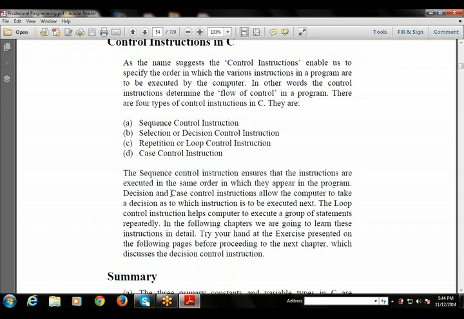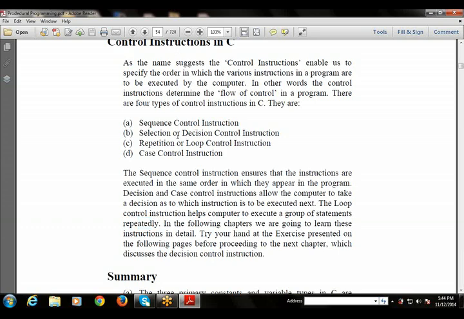In the same way, decision and case control instructions allow the computer to take a decision as to which instruction is to be executed next. That decision is taken by the decision and the case control instructions. The loop control instruction helps the computer to execute a group of statements repeatedly.